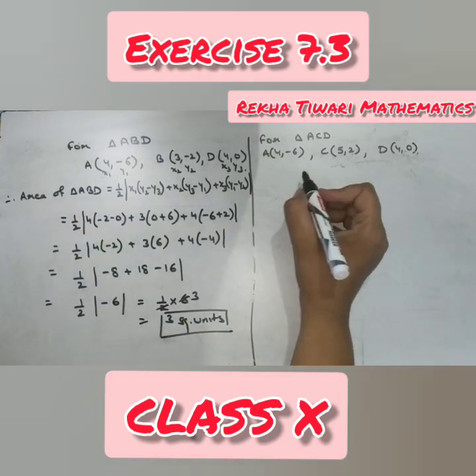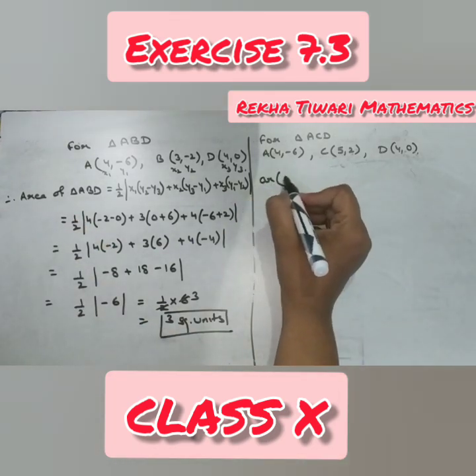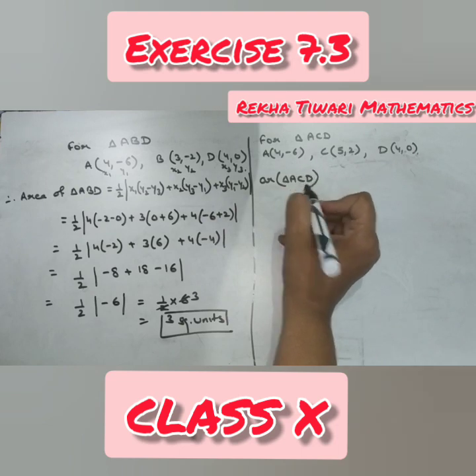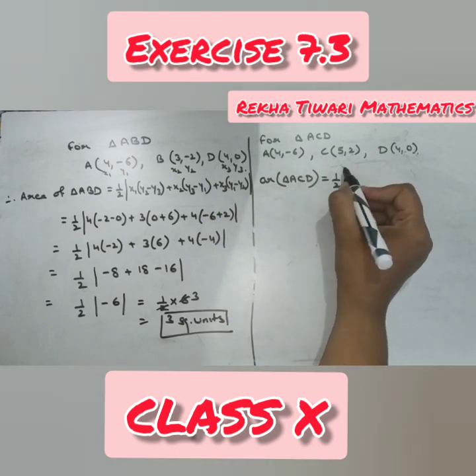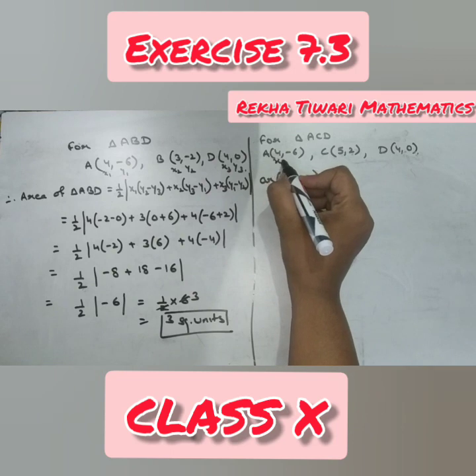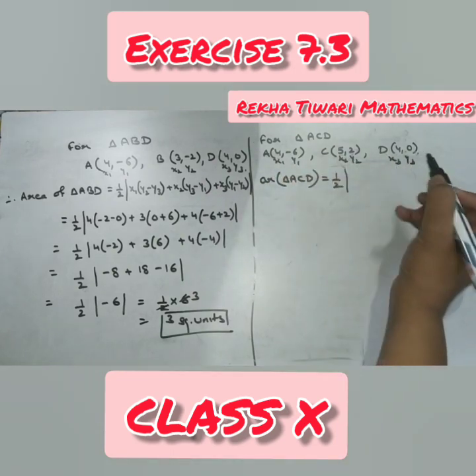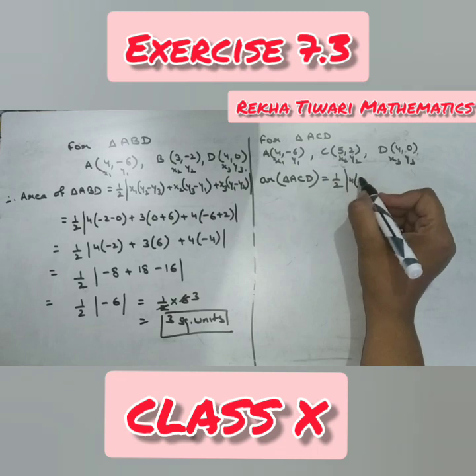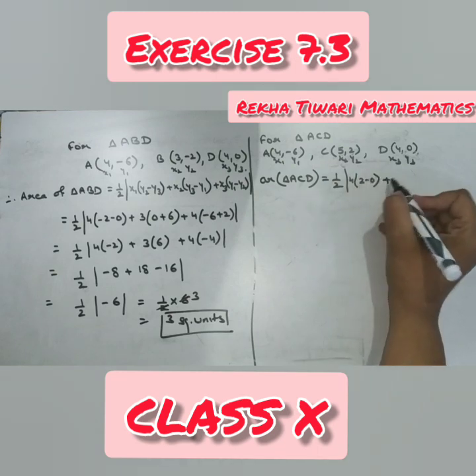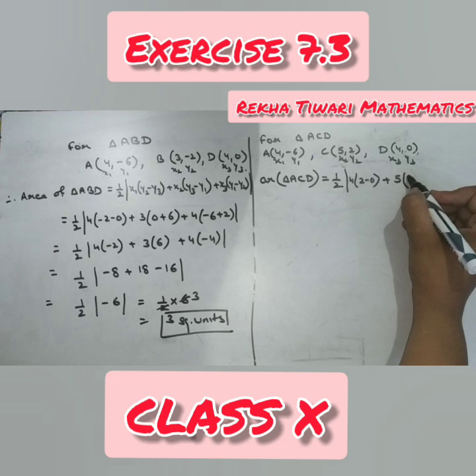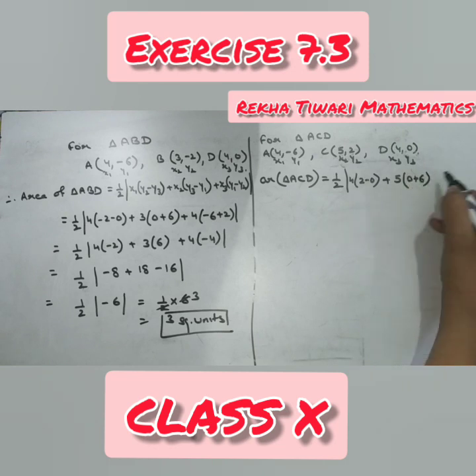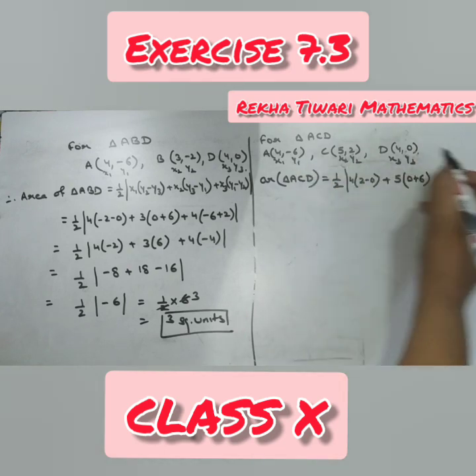Now let us find out area of ACD using the same formula, which is half mod x1(y2 minus y3) plus x2(y3 minus y1) plus x3(y1 minus y2), where these are x1 y1, x2 y2, x3 y3.